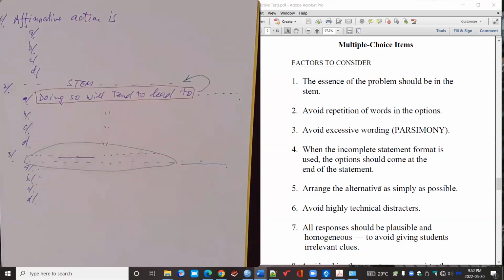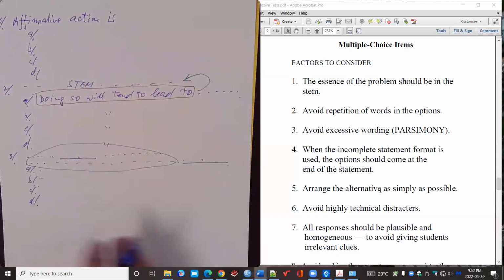Okay. Well, arrange alternatives as simple as possible, not as simple, as simple as possible. So, what should we pay attention to now? Do this for your assignment. Okay.